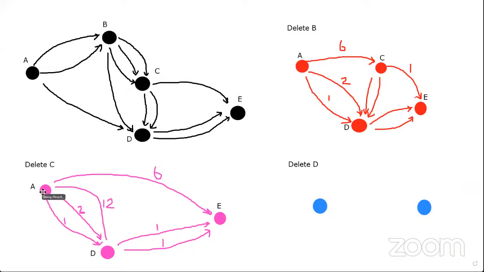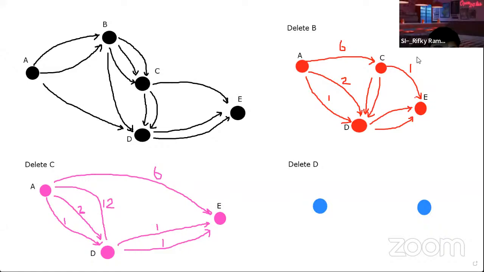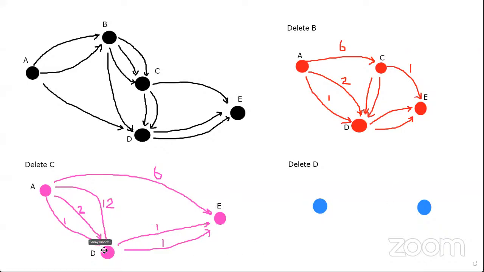So how many ways from A to E? Rifki Ramadan, yes, sir. From A to D, how many ways? 15. From D to E, there are 2 ways.